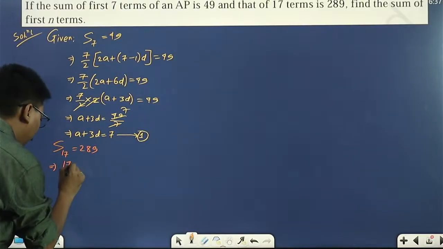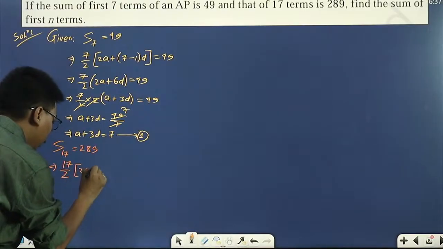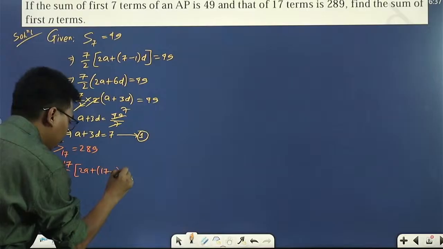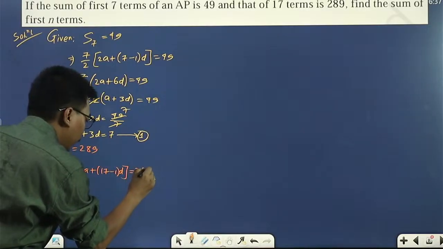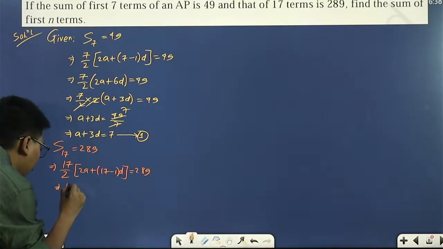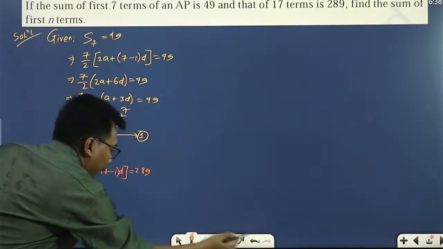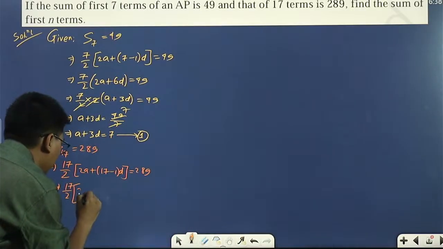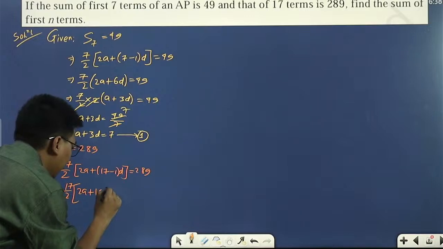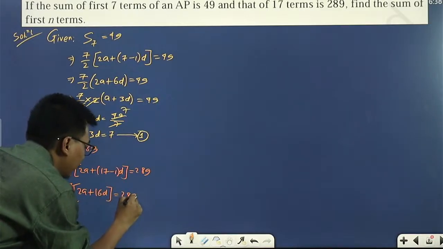In a similar way we'll solve this. 17 by 2, 2a plus 17 minus 1 d, will be equal to 289. So we'll get 17 by 2, 2a plus 16d, equal to 289.